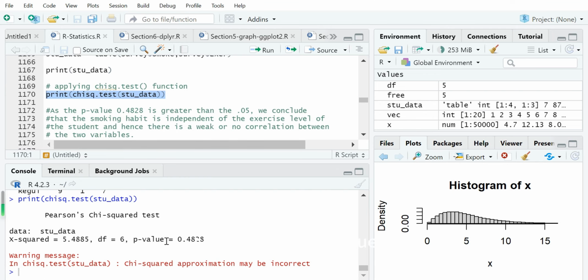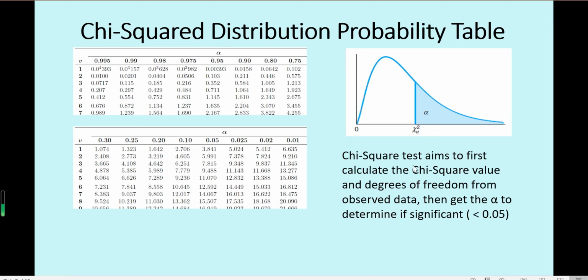Because the p-value is 0.48 and alpha is 0.05, the test statistic is less than the critical value at the significance level. This is about 0.48 for the shaded area. So the test is not significant.